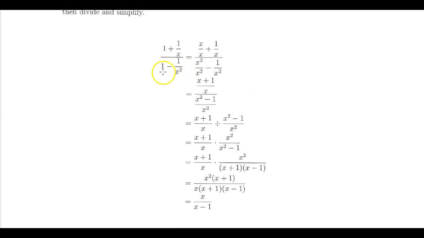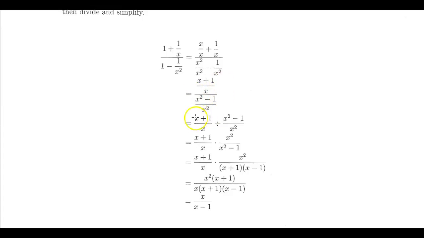So I need to multiply the first number here by x squared over x squared. So 1 times x squared over x squared will be x squared over x squared minus 1 over x squared. So the numerator will simplify to x plus 1 over x, and the denominator will simplify to x squared minus 1 over x squared.